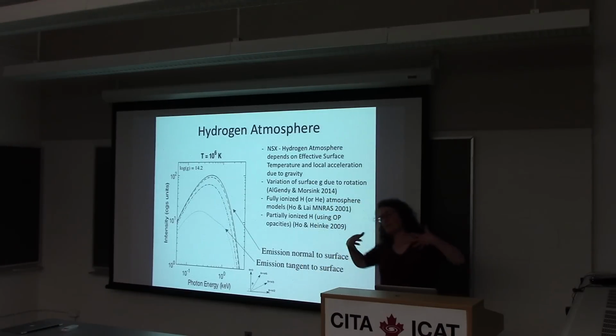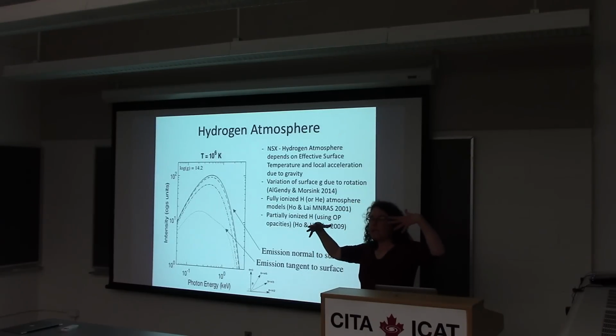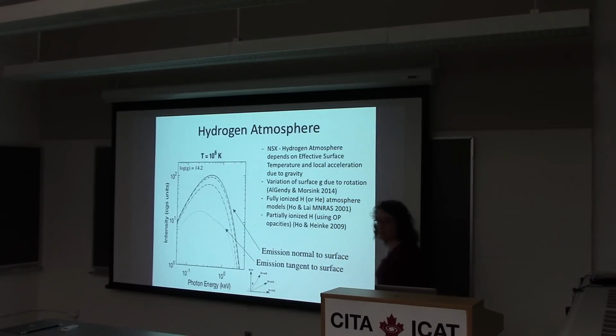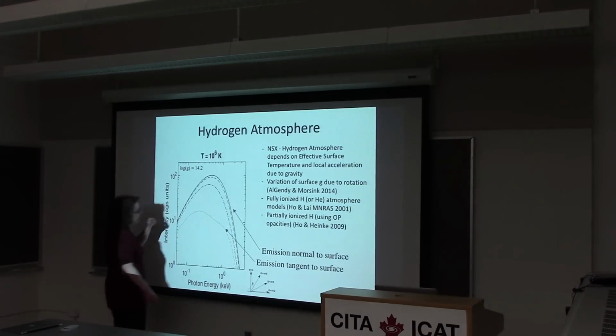For the rotation-powered pulsars, because these things are not accreting, they've already had a lot of gravitational settling, which is very fast, which means basically that your lightest element is going to be at the top of the atmosphere, which is not very thick to begin with. And so you expect that your atmospheres are going to be dominated by hydrogen. And the hydrogen atmospheres are fairly well understood. They're not exactly blackbody, but they're vaguely blackbody-ish.